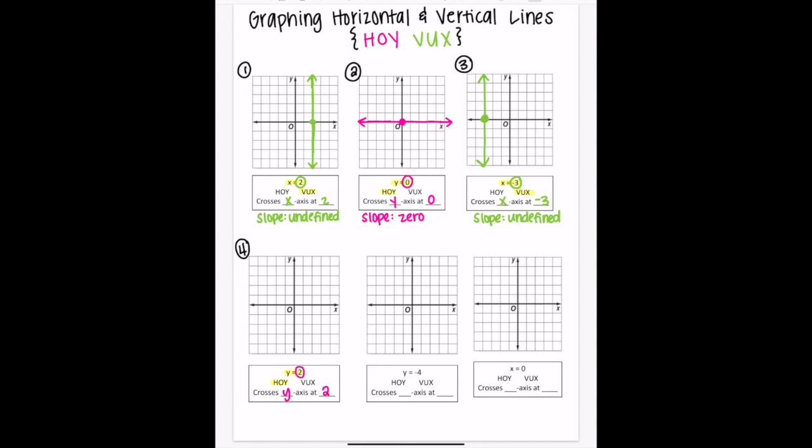So we're going to go on the y-axis. Remember, y goes up and down, so on the y-axis we're going up to 2. And this is a horizontal line, so the line that we're drawing is going from left to right. And this slope is 0. Remember, HOY, H horizontal, O 0, y equals.